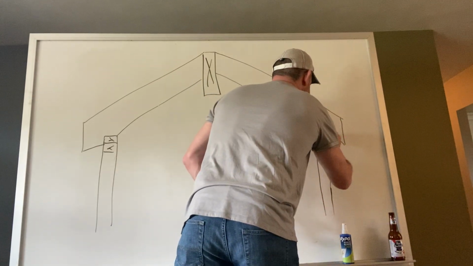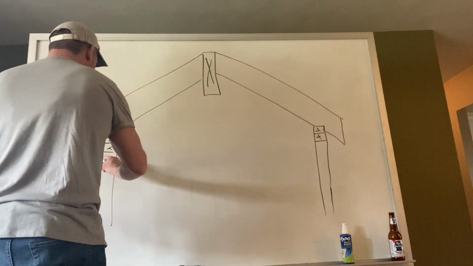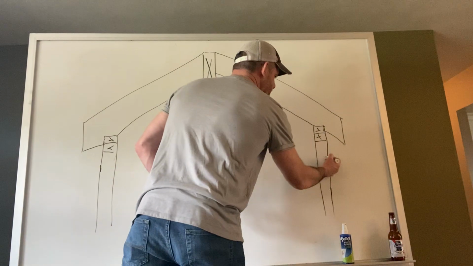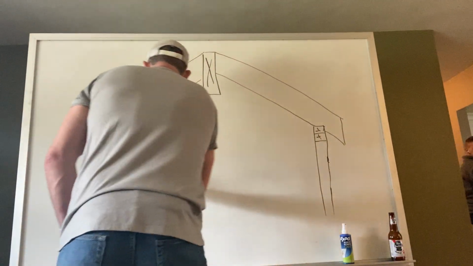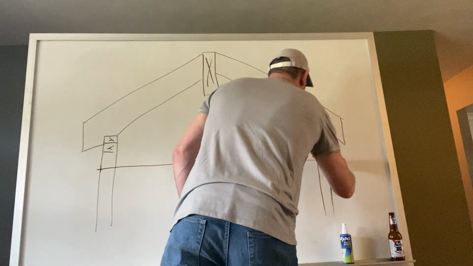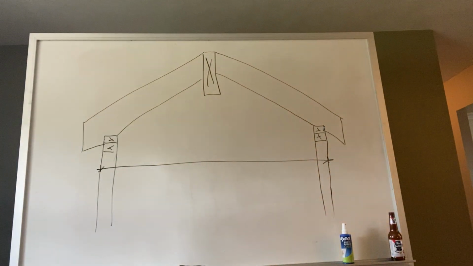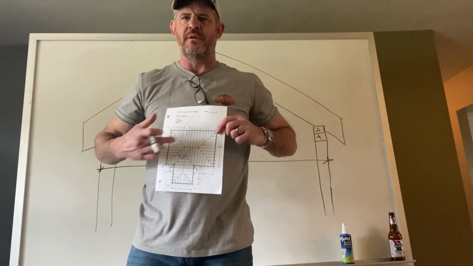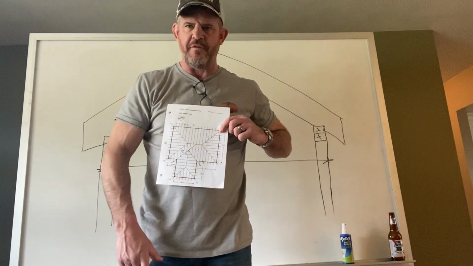I see my double top plate system, and again, my print gives me this span. It tells me, in our case, that this big rectangle is 24 feet.